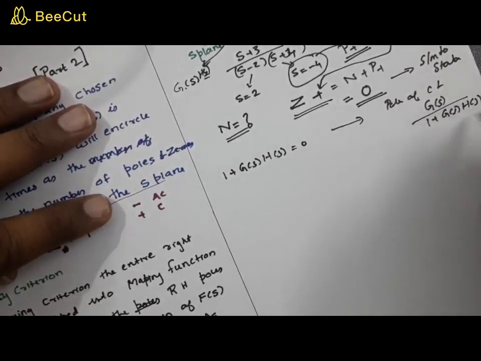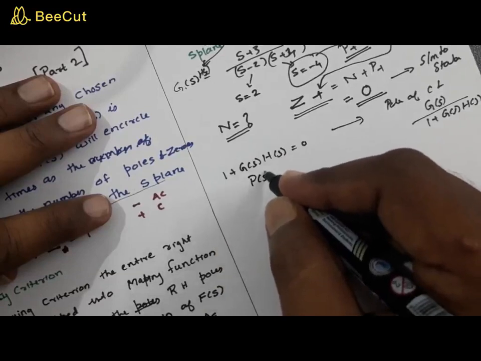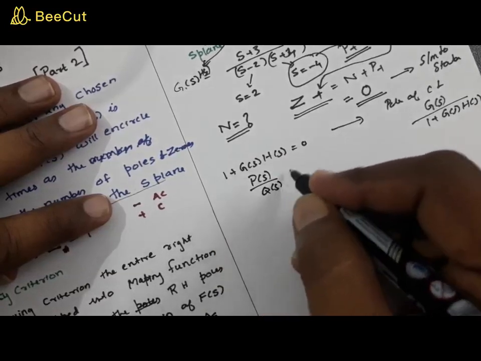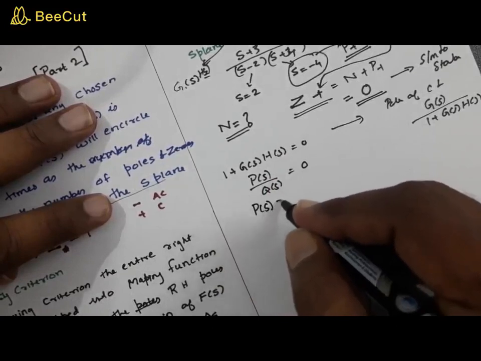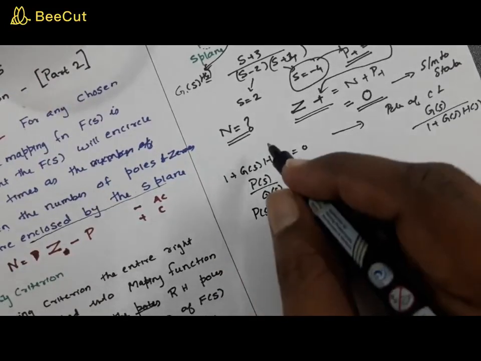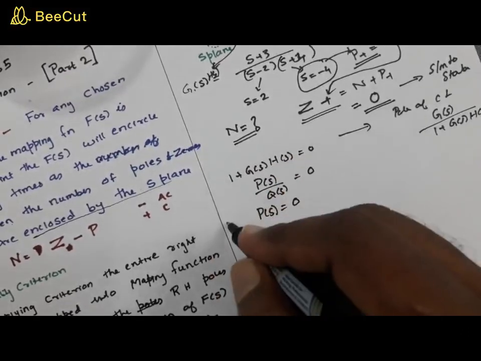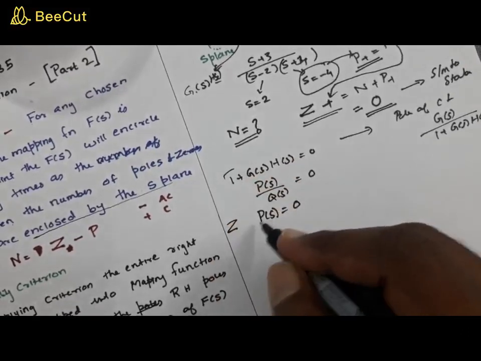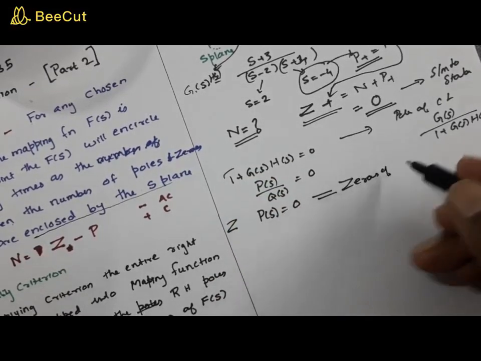So when you equate this to 0, if you consider this function as P(s) by Q(s), you are equating P(s) by Q(s) to 0. So in a sense, you are equating P(s) to 0. So as far as the characteristic equation is concerned, these are the zeros. So P(s) equal to 0 gives you the zeros of what? Zeros of the characteristic equation.